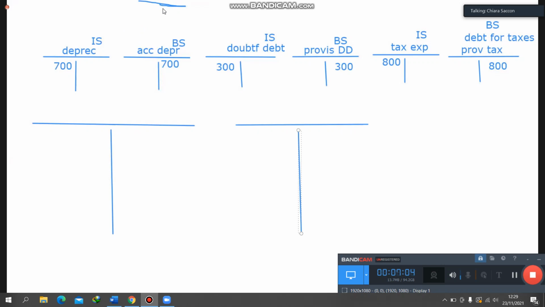So here we have the income statement. Before you prepare the income statement, year 2021. Okay. And then balance sheet at the end of the same year.